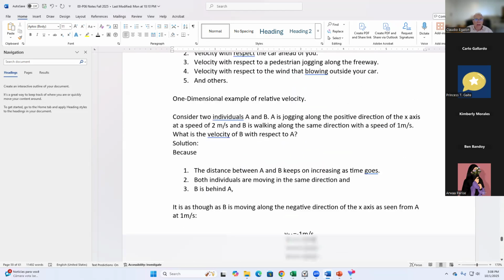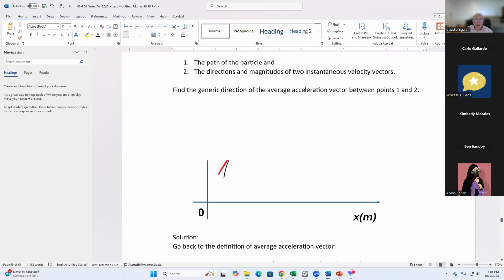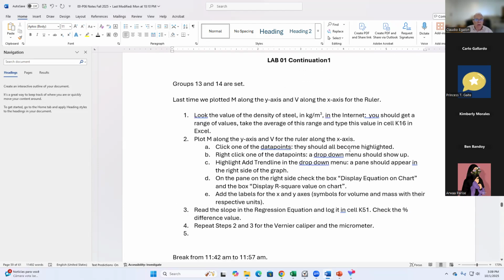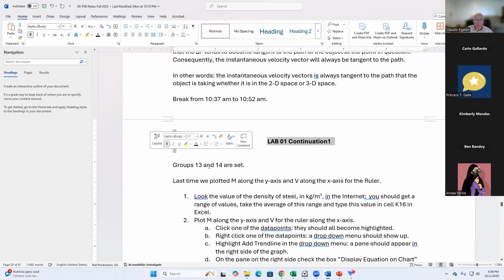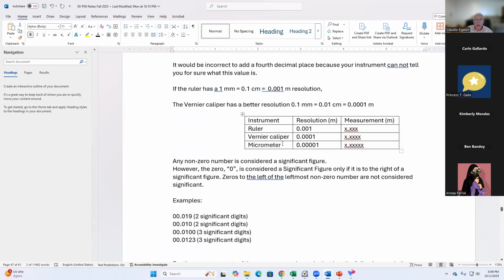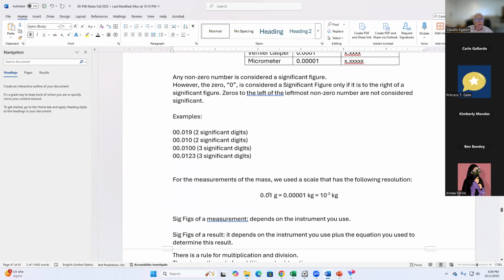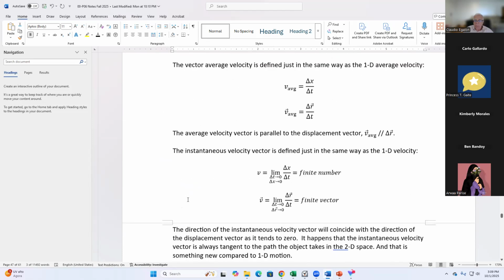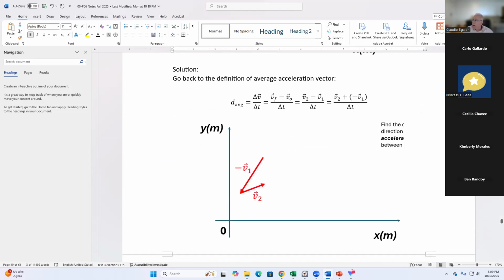Let's see where we stopped in lab one. Lab one continuation. Here are the resolutions. We were doing the rule of significant figures for multiplication and division. Professor, I have a question about the lab.